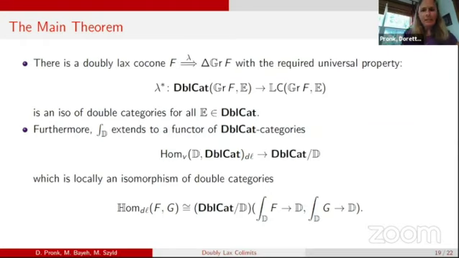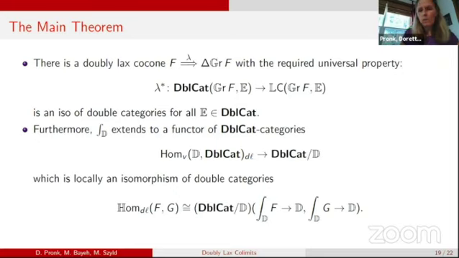So there is a doubly lax co-cone, which I just have sketched out, with the required universal property that we indeed get the isomorphism of double categories.